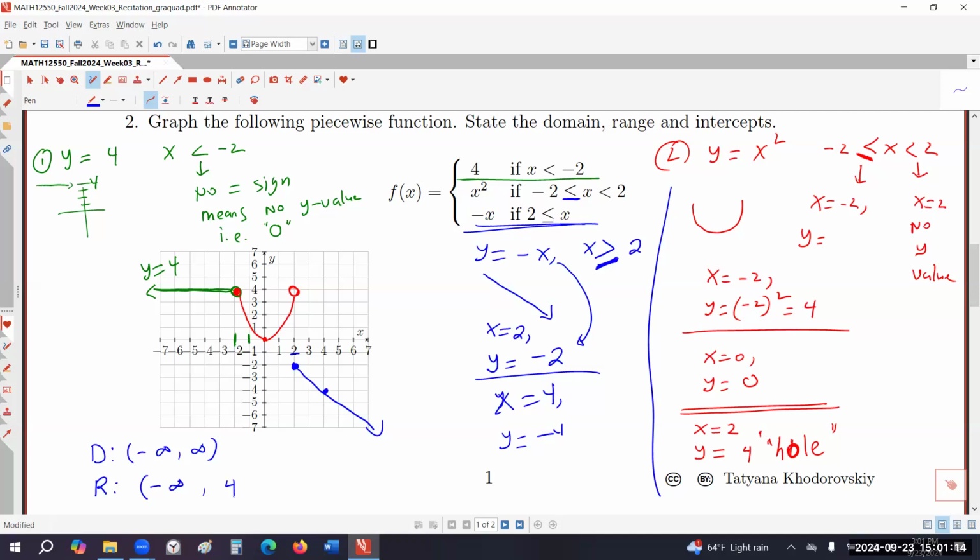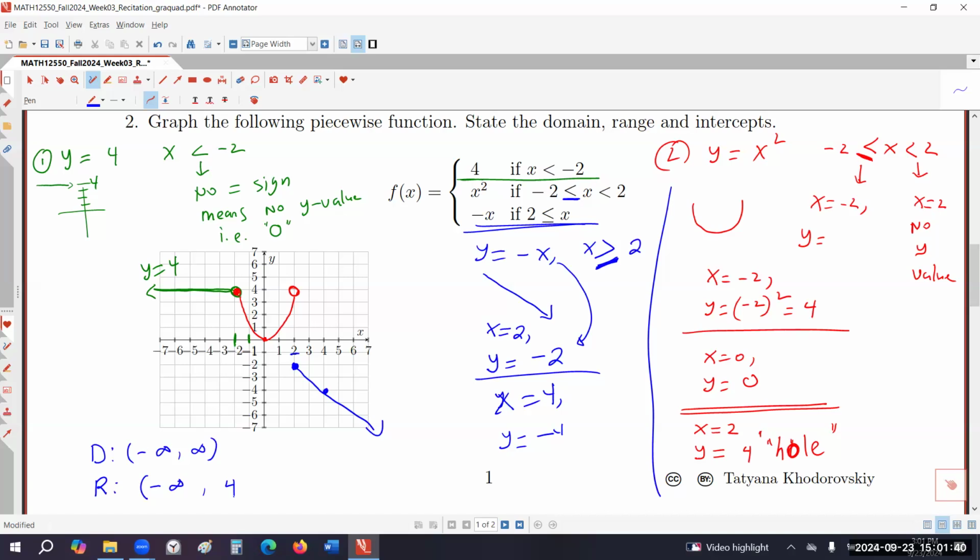What do you have for y equals 1? Y equals 1 is here. Do you have anything for y equals 1? Is there any graph here? How about negative 1.5? Do you have any graph here? How about negative 0.5?